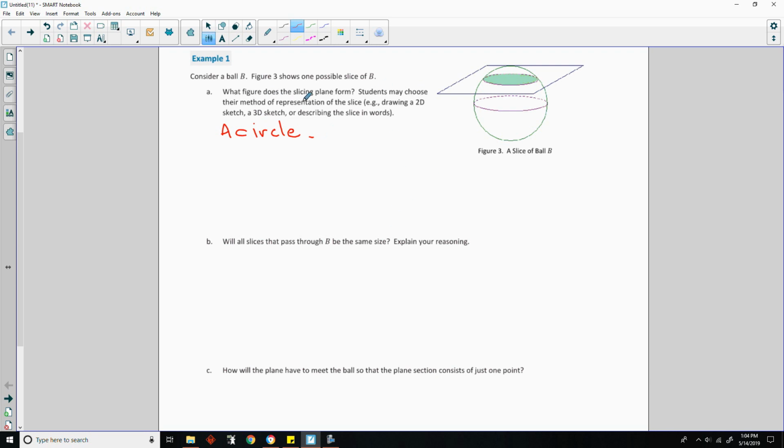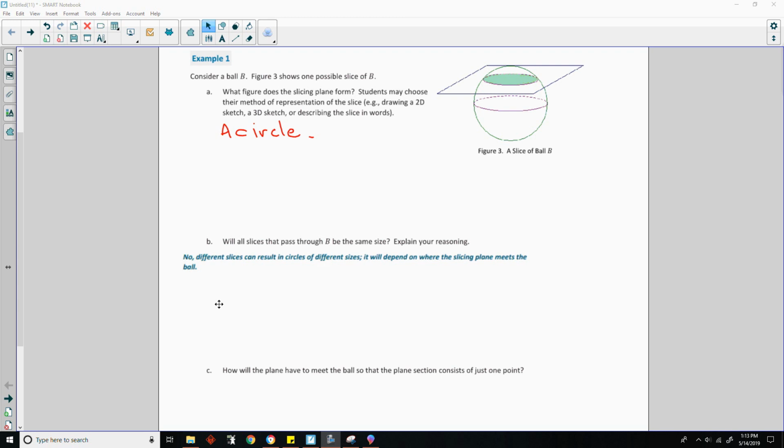Students may choose their method of representation of the slice. Example, drawing a 2D sketch, a 3D sketch, or describing the slice in words. Part B says, will all slices that pass through B be the same size? Explain your reasoning. So the answer is no. Different slices can result in circles of different sizes.